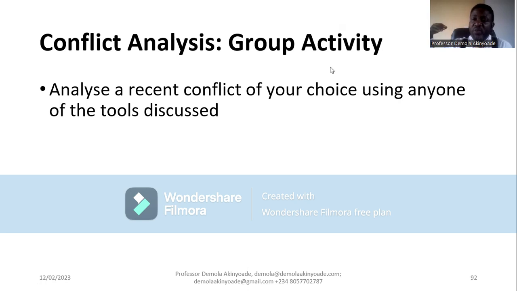The conflict you have been working on in the course activity that you want to submit, and then you will use any of the tools you have discussed today. Don't pick anything complex, you can focus on issues or actors, and then analyze that conflict or analyze an aspect of that conflict.